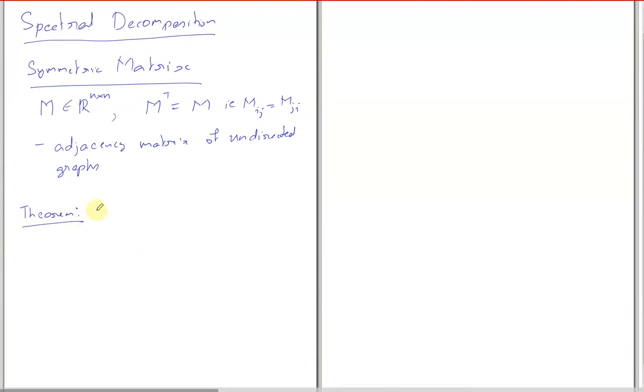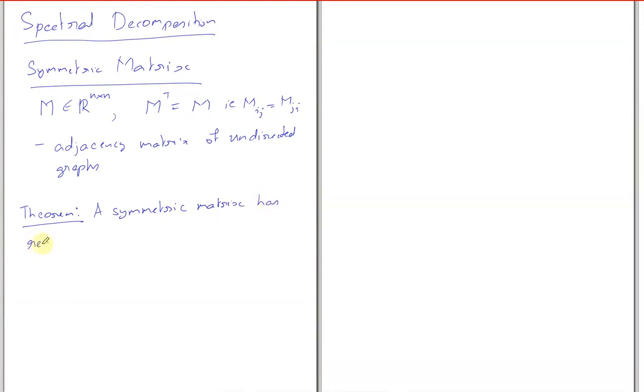It says that a symmetric matrix has real eigenvalues. What do I mean? We are restricting to real matrices, that is, matrices with real entries.